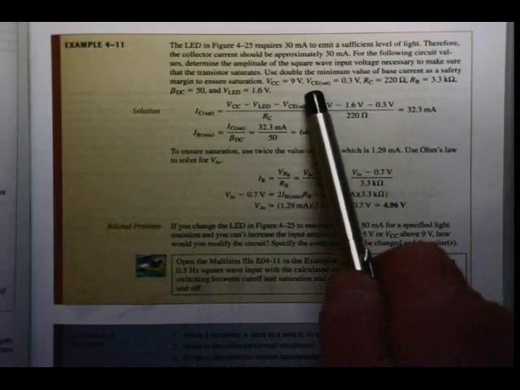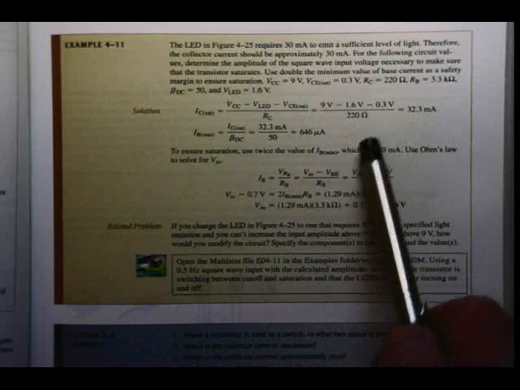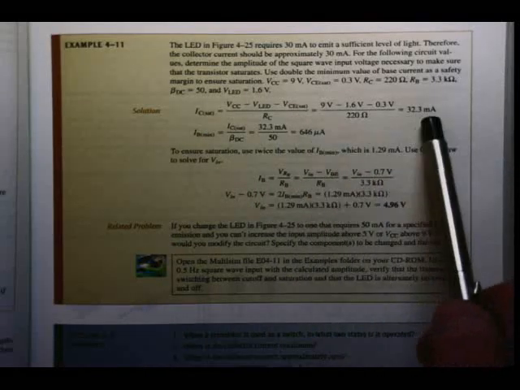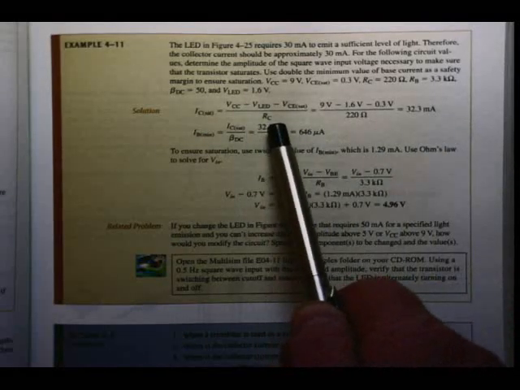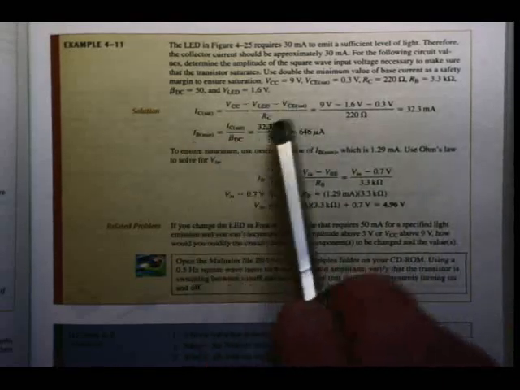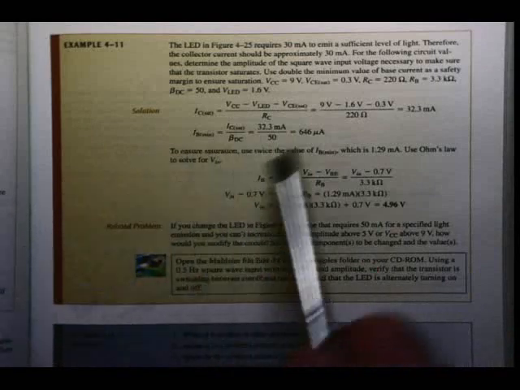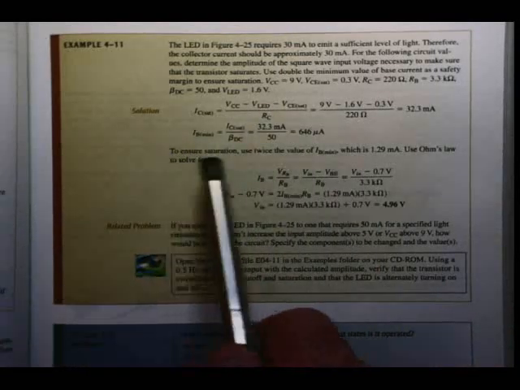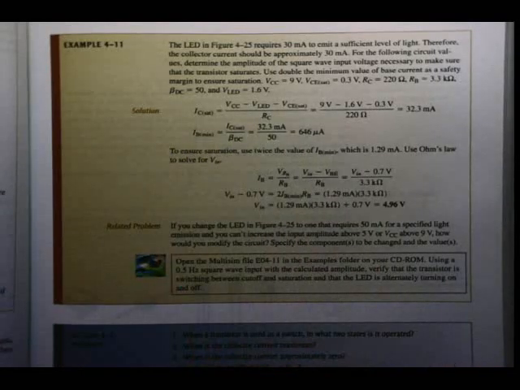They told us to assume VCE sat is 0.3 volts in this case. That's why you always have to read the question. Divided by the resistance, in this case only RC, and I get that current. So IB min will then be IC sat divided by beta DC. To ensure saturation, use twice the value of IB min, which is then 1.29 milliamps.